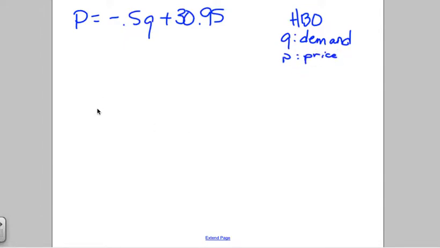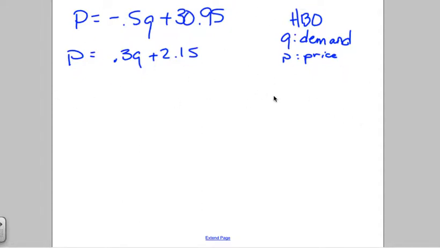And we also have a price and supply function of P equals 0.3 Q plus 2.15. I want to find my equilibrium price and quantity.